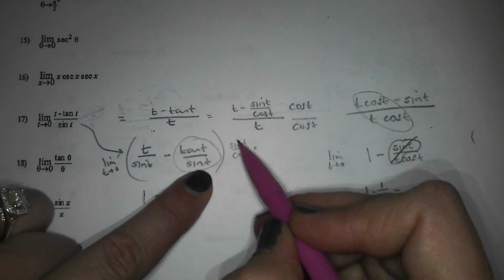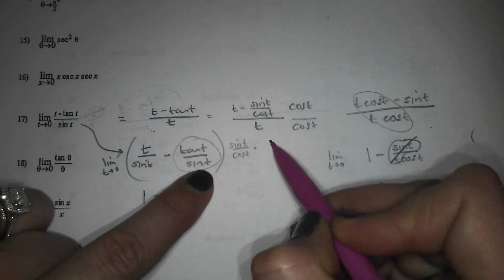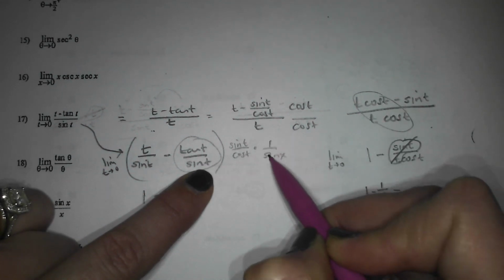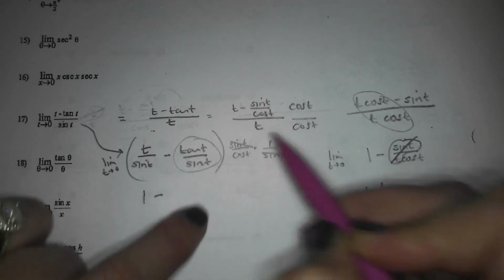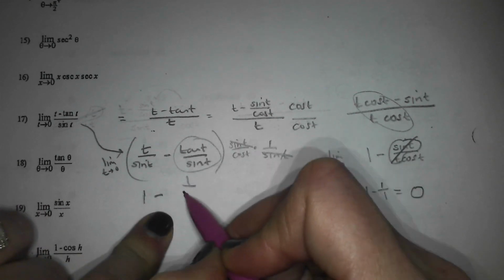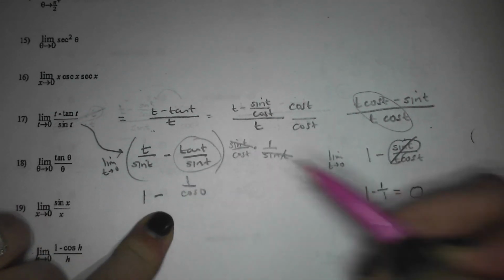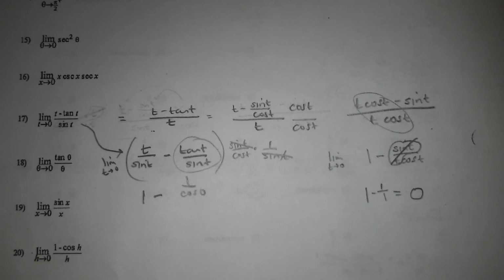So that's keeping the tangent, changing, and flipping. And that sine t would cancel, so it would be minus 1 over the cosine of 0. So I could have gotten there right away. But I didn't see that right away. I was thinking of other things, which is part of the process. Okay? So that answer would be 0.